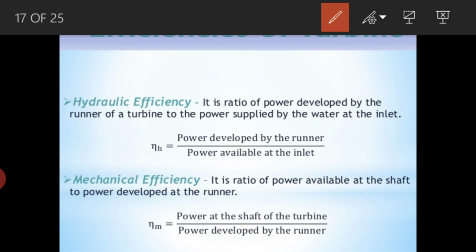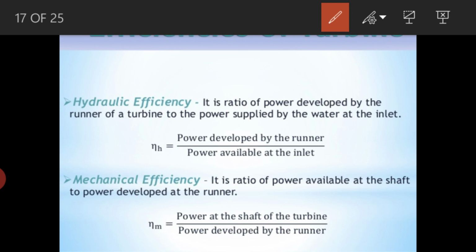So in the first efficiency, from the water the power is transferred to the runner, that is, the power developed by the runner to the power available at the inlet of the blade. Second is mechanical efficiency, that is, the power at the shaft of the turbine to the power developed by the runner. In case of mechanical efficiency, the power delivered by the water to the runner of a turbine is transmitted to the shaft of the turbine.